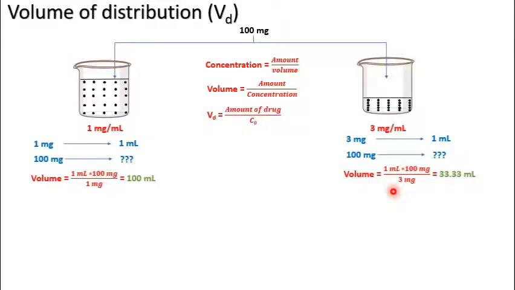Is it logical by any means for the volume of our body fluids to be 500 liters? For sure no. So we better call that volume of distribution apparent volume of distribution, because it's not a true value, because our drug is not uniformly distributed in body fluids.